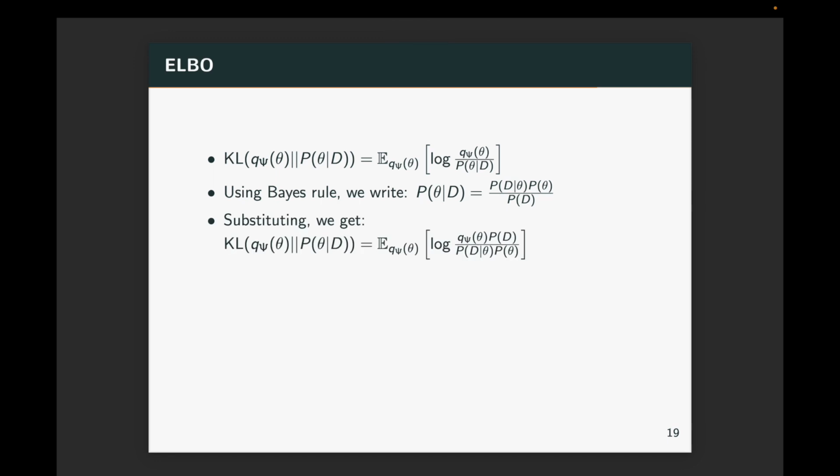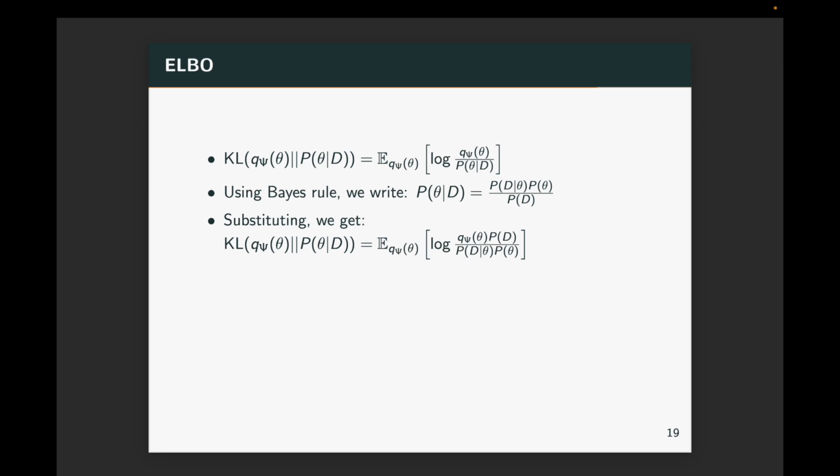At this point, we can write the KL divergence between Q and P of theta given D as an expectation of log of Q of theta times P of D, divided by P of D given theta times P of theta. When they multiply, they can be called the joint distribution between D and theta.